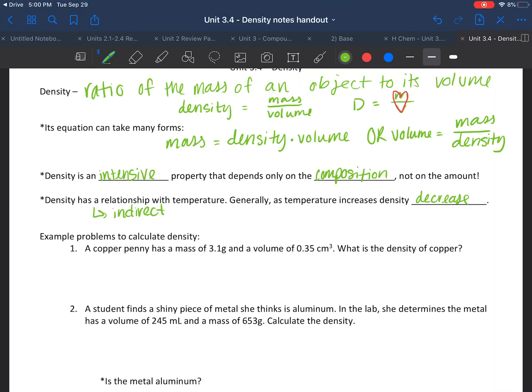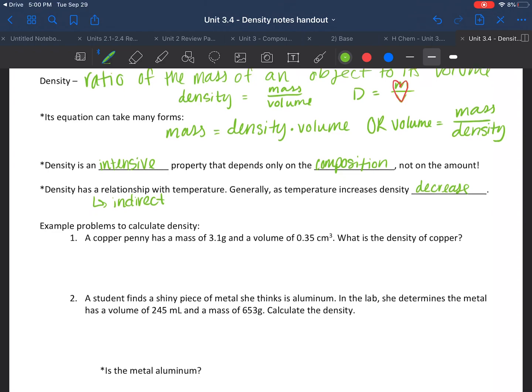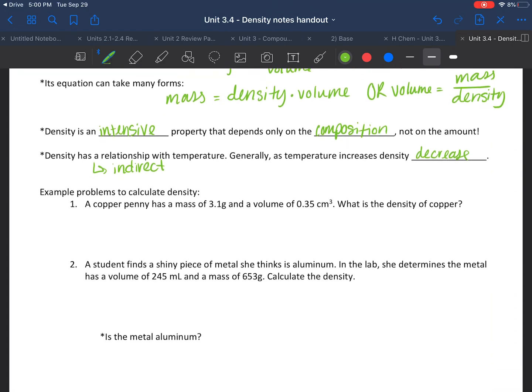So as one variable goes up and the other goes down, that is defined as an indirect relationship. For example, I think it's easier to see on a graph. If we have temp on the bottom and density as our y-axis, as we increase our temp, we're going to see a decrease in density. So it'll look something like this. This is what an indirect relationship looks like on a graph.